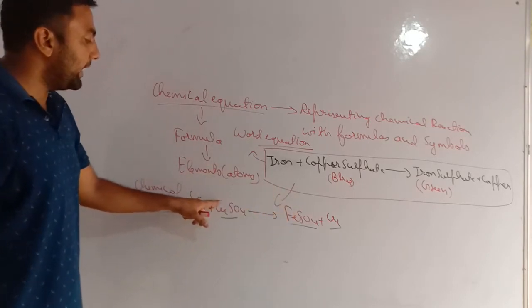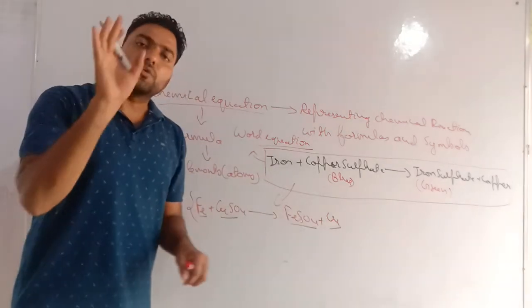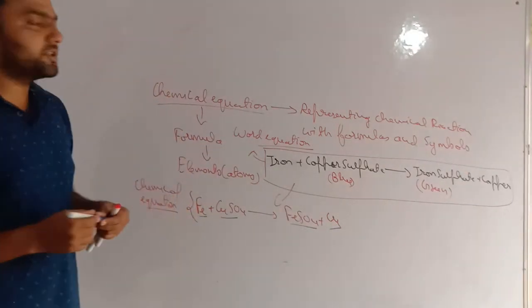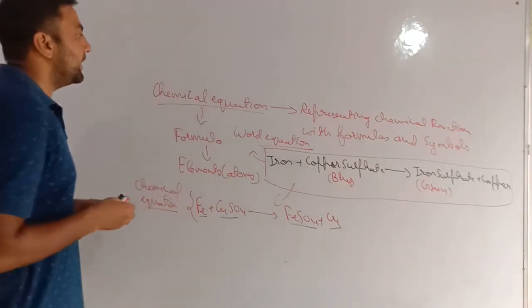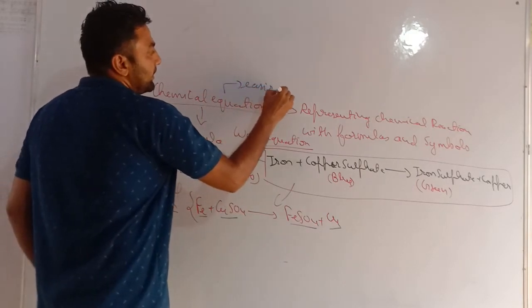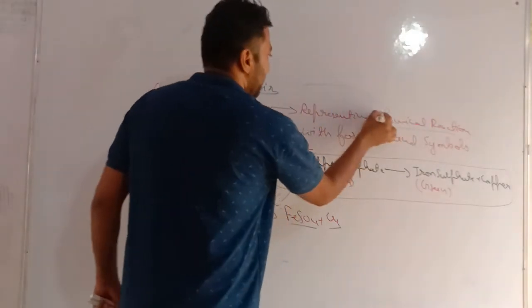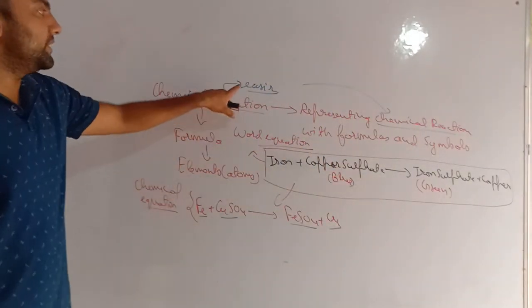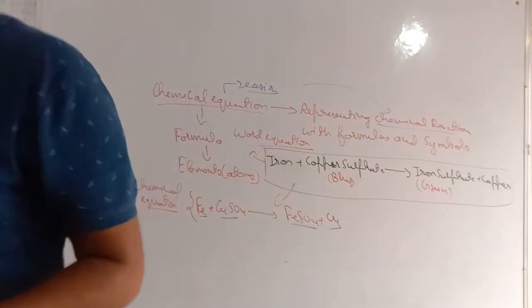Now copper here has a bond with sulfate, but here it has a bond with no one. So very important. A chemical equation is an easier and simple way to represent any chemical reaction.